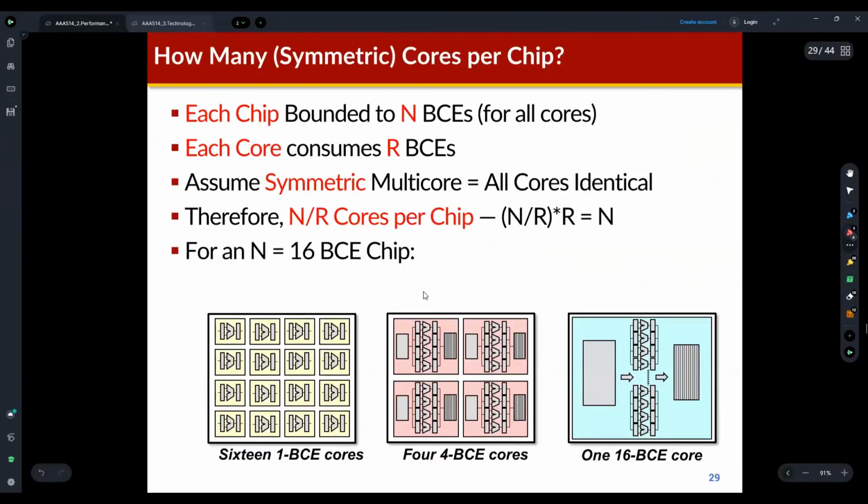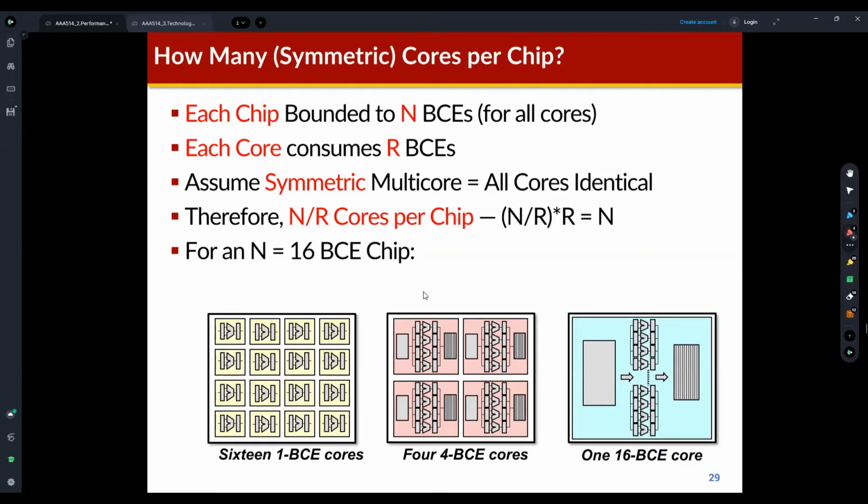So how can we apply multiple cores in the fixed chip area? This slide shows three possible cases for applying symmetric cores, which means we can include multiple of the same cores in one chip.